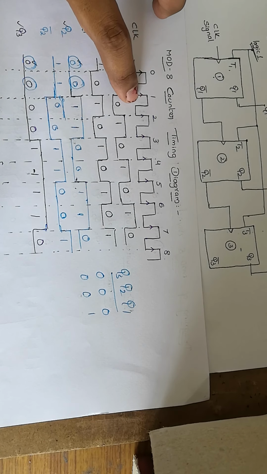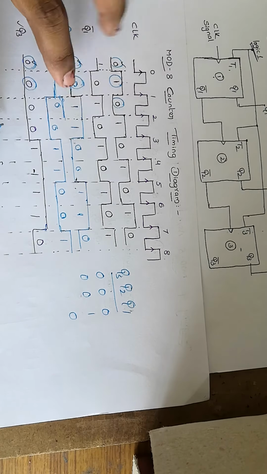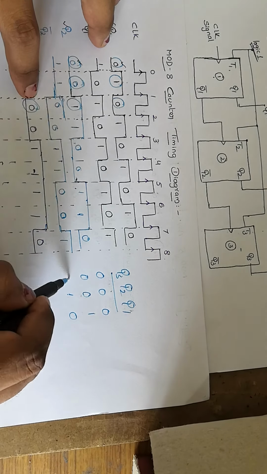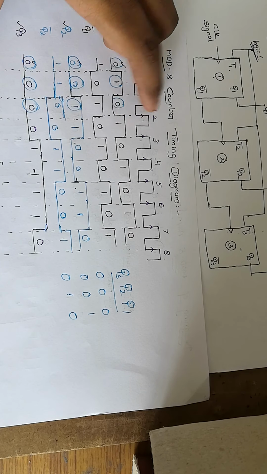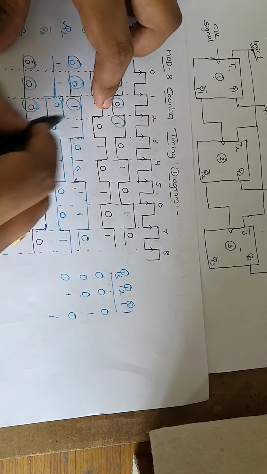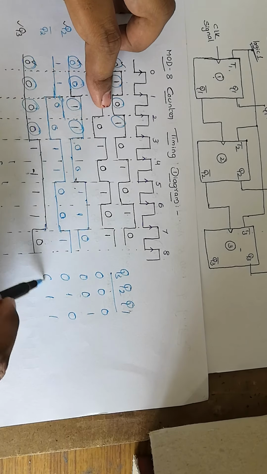After applying the second clock pulse, what is the output? Q1 is 0, Q2 is 1, and Q3 is 0. After applying the third clock pulse, Q1 is 1, Q2 is 1, and Q3 is 0.